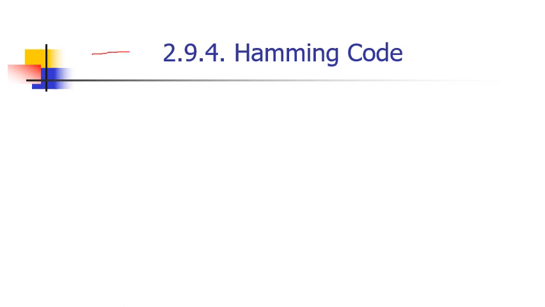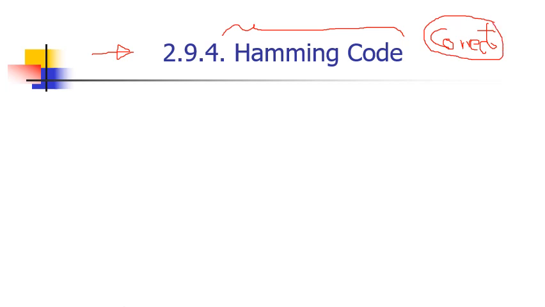Now, the Hamming code. So this is a technique with which we can detect and correct the error. So you have a message at the receiving end. You can check whether the message is correct or not. And if your message is incorrect up to a single bit, you can correct it.